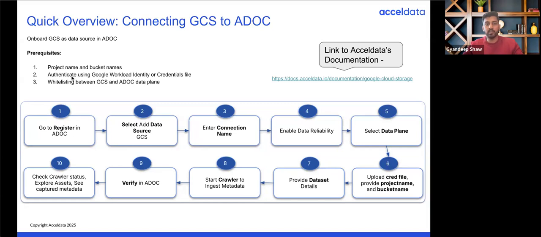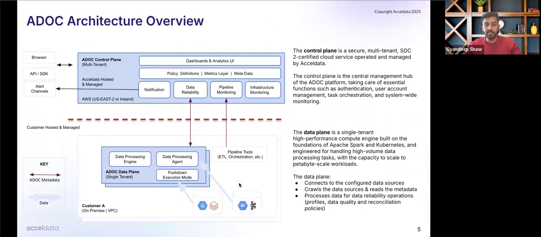To authenticate, we can use Google workload identity for the project name and the bucket names, or we can use the credential file. These are the two options, and one whitelisting is also required, as I said. This will be a registered connectivity, and we're going to see how to register that connection. But before registering it, we need to make sure that the connection is whitelisted, so the data plane is able to communicate with the GCS bucket or GCS project name.